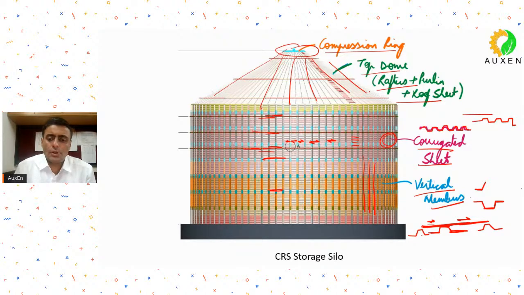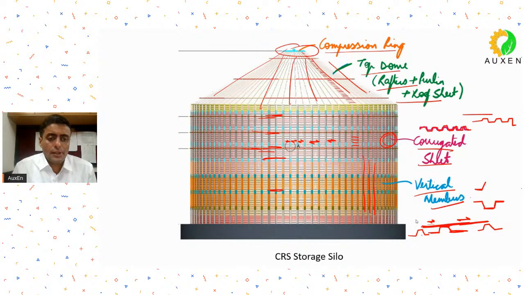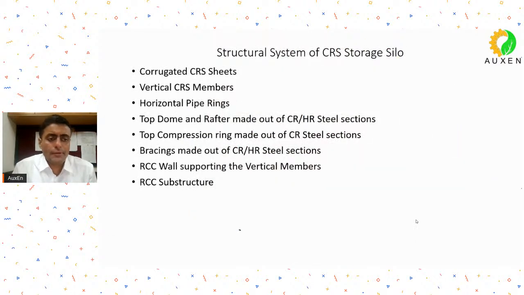These are small horizontal pipes that they provide, made out of circular pipes. Then you have a top dome, as I told you, top dome rafters. These are made out of generally cold rolled, but you can use hot rolled sections also. Then you have a top compression ring, bracings. Again, you can have them made out of cold rolled or hot rolled sections.